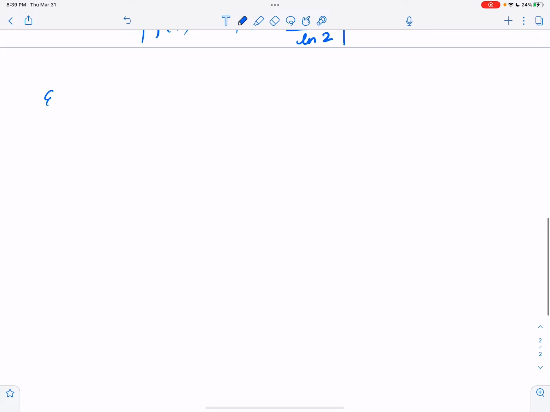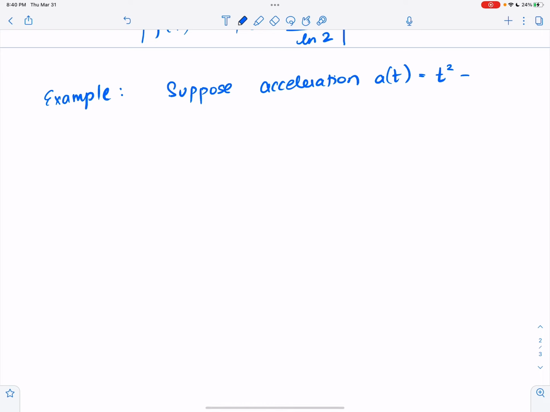Suppose that the acceleration of a body is given by t squared minus 1 over root t plus 5.